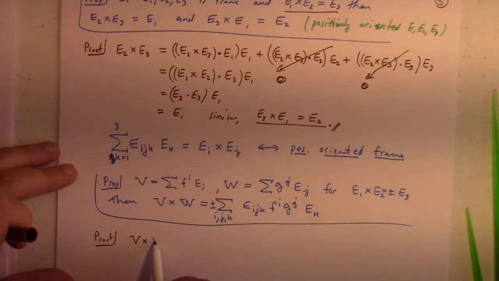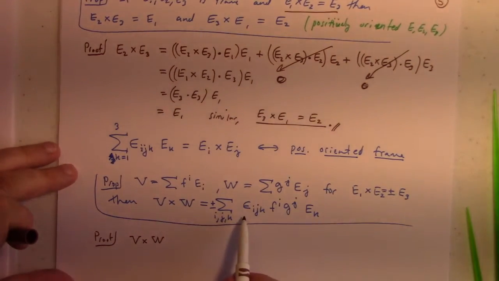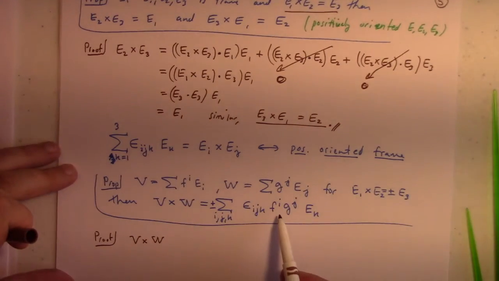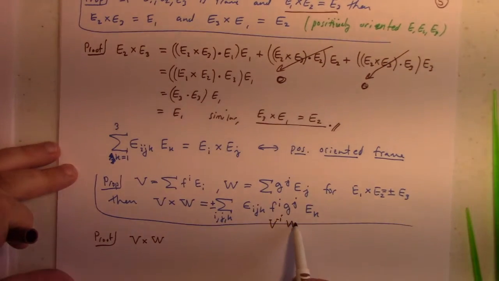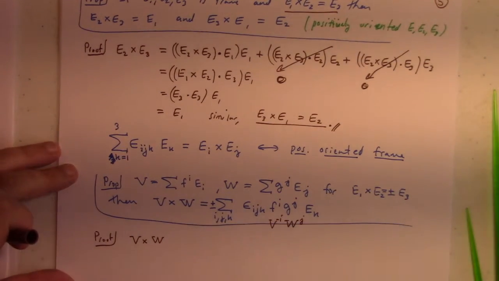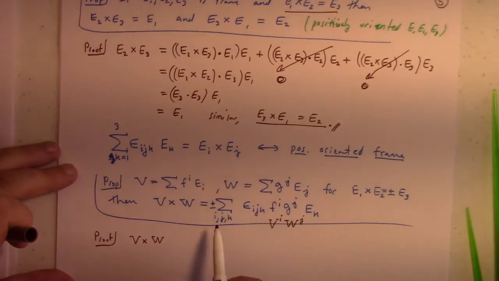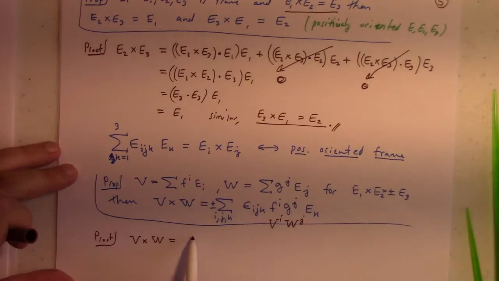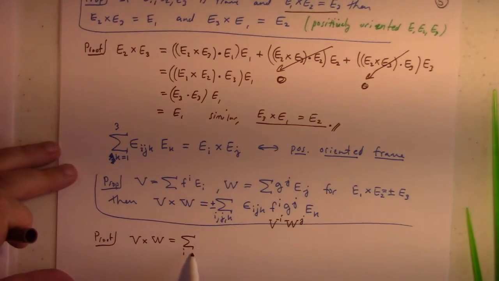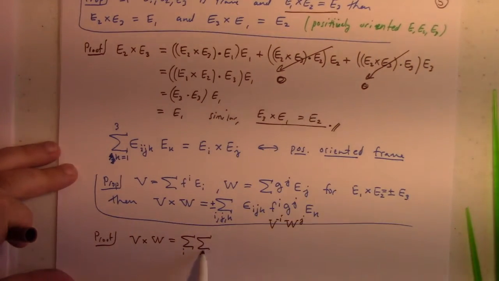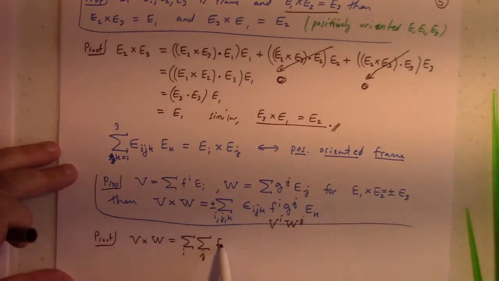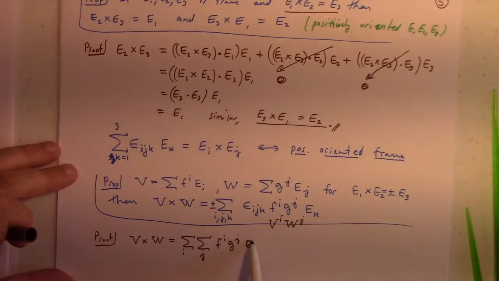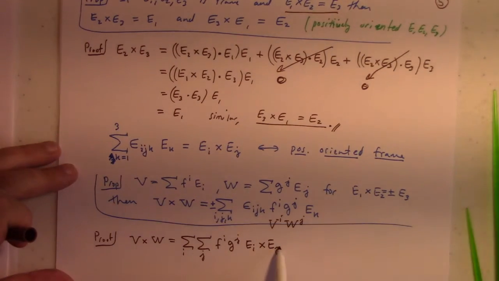So, V cross W. Now, by the way, the formula in Cartesians is the same, but with V_i here and W_j here and no plus or minus, right? That's the standard Cartesian formula for the cross product. Anyway, getting back to our other one. I'm just going to go ahead and use the distributive property to pull out the sum over I and the sum over J, all right? And we've got F_i, G_j, and we've got our E_I cross E_J, right?